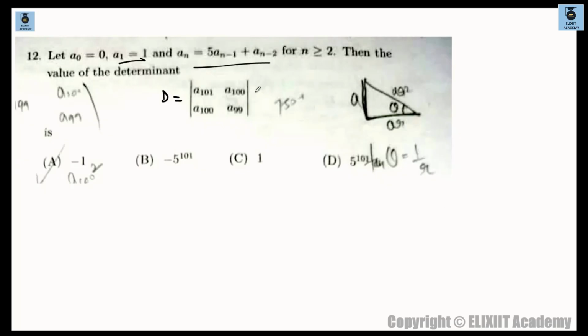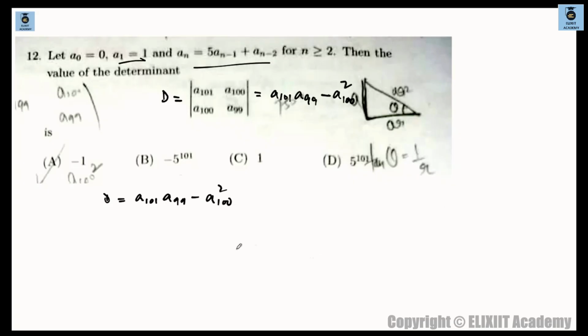So once you simplify this D, what will we have? We'll have A101 times A99 minus A100 times A100, that is A100 square. This determinant D is now simplified to A101 times A99 minus A100 square.